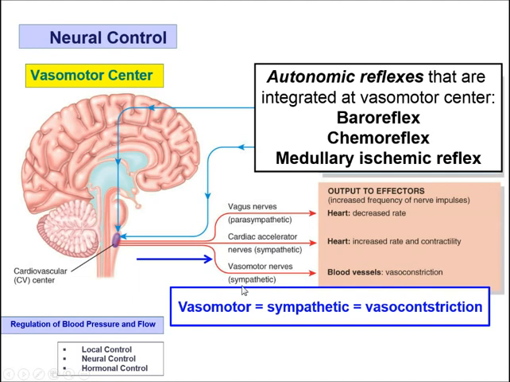So we're saying that sympathetic through the vasomotor nerves, you will always have vasoconstriction. And see this nice big white box here with blue lettering: vasomotor equals sympathetic equals vasoconstriction. And so if you think about this, what we're talking about is if there is a great deal of vasomotor influence, you're going to have a significant amount of vasoconstriction of that vessel.